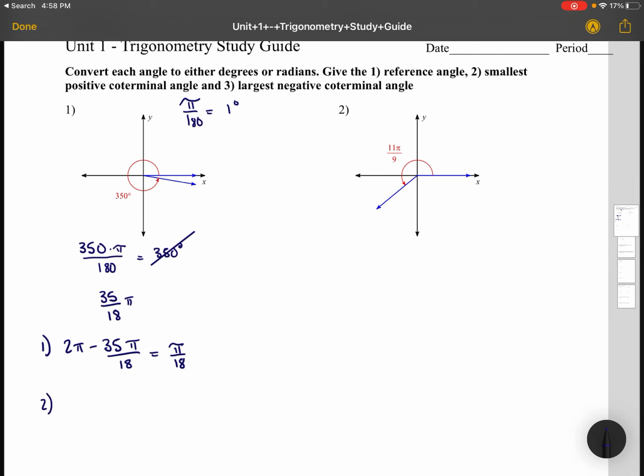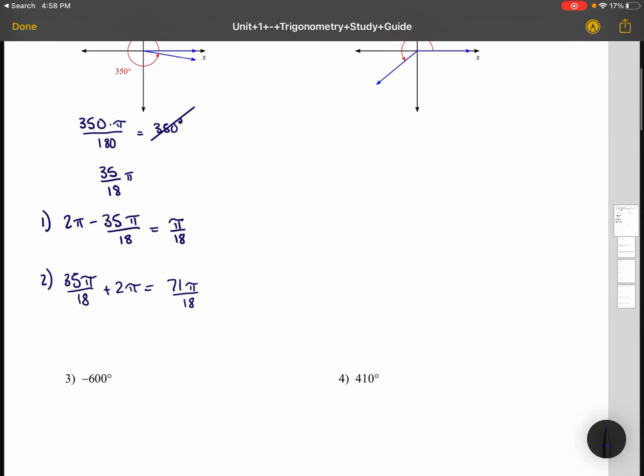The smallest positive coterminal angle means that since we're starting with 35 pi over 18, we just want to add 2 pi. So we get 35 pi divided by 18 plus 2 pi is going to be 71 pi divided by 18.